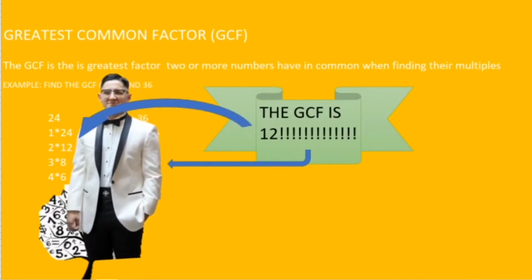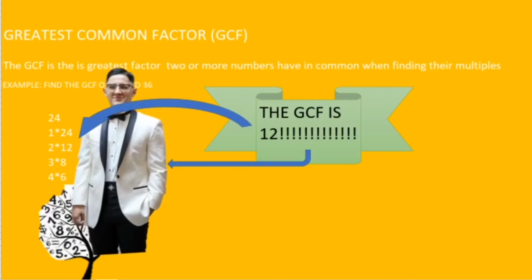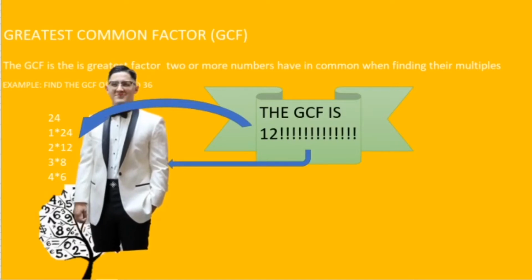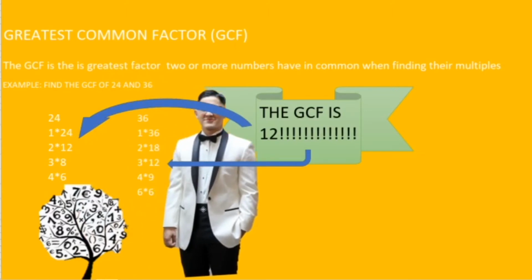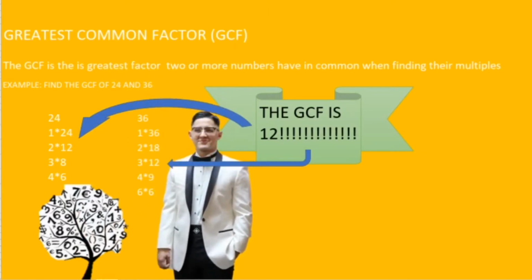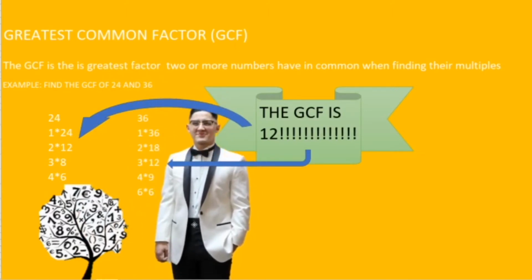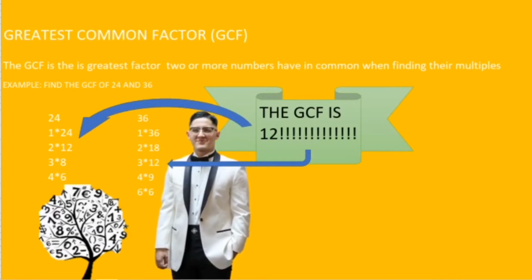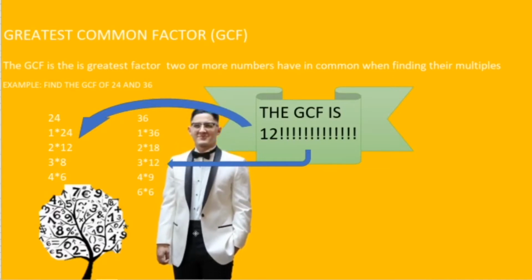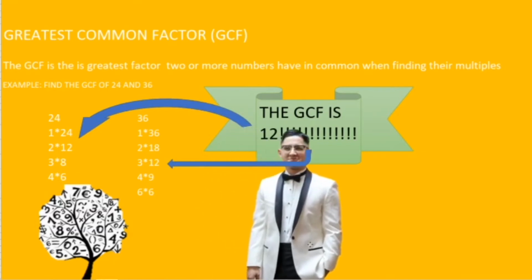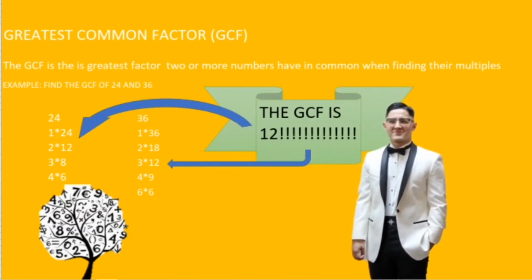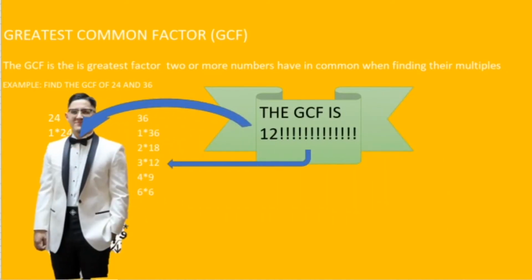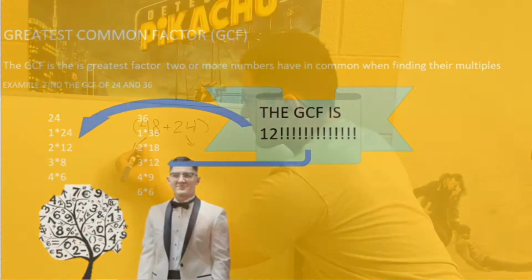Here, I have listed 24 is 1 times 24, 2 times 12, 3 times 8, 4 times 6, and for 36, we have 1 times 36, 2 times 18, 3 times 12, 4 times 9, and 6 times 6. Here, we can see that the GCF is 12 because it is the greatest number that both 24 and 36 have in common.